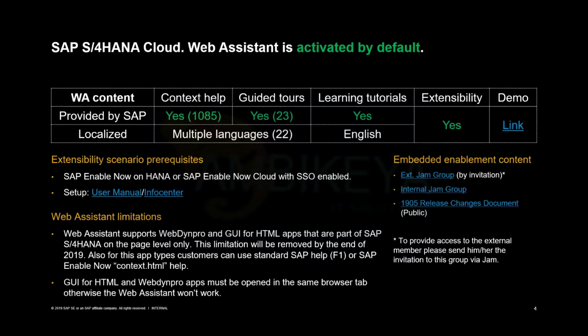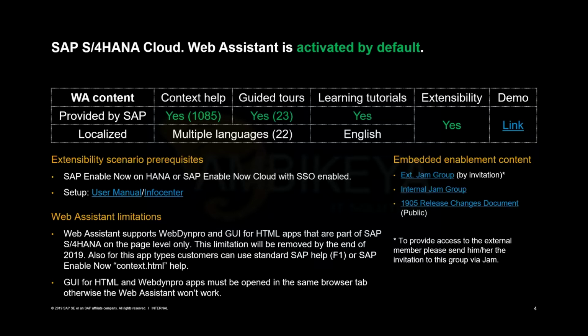If that customer wants to be able to see or create their own content or customize that content, they would need an Enable Now license. So when sales are pushing to S/4HANA Cloud customers, they get all of this content for free.